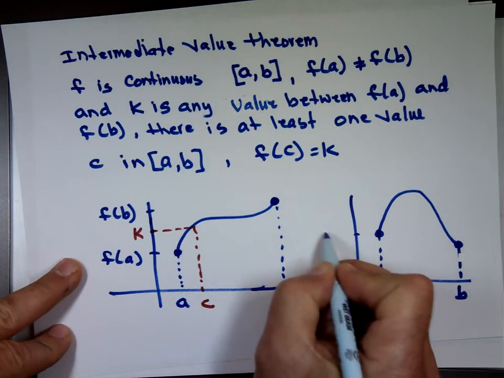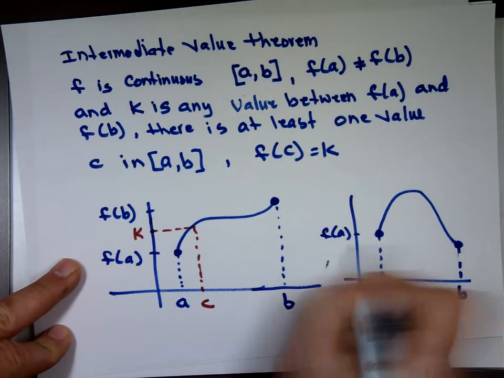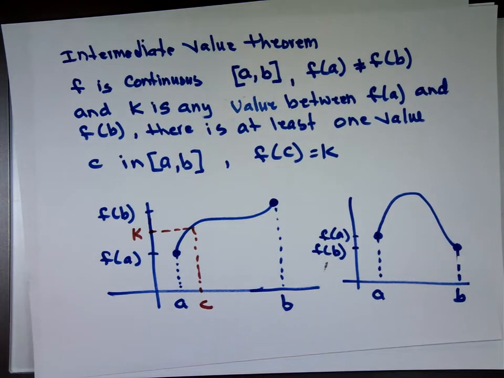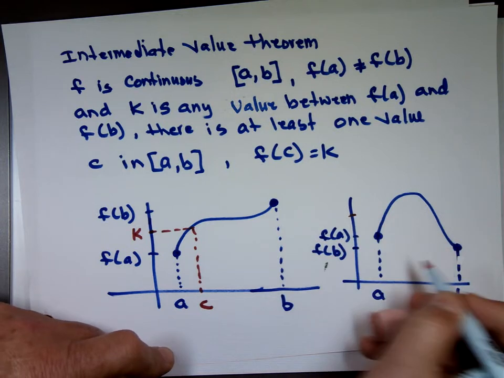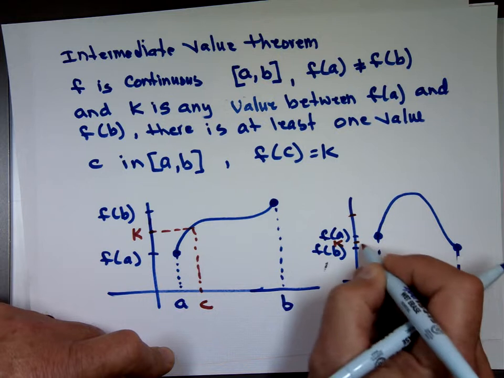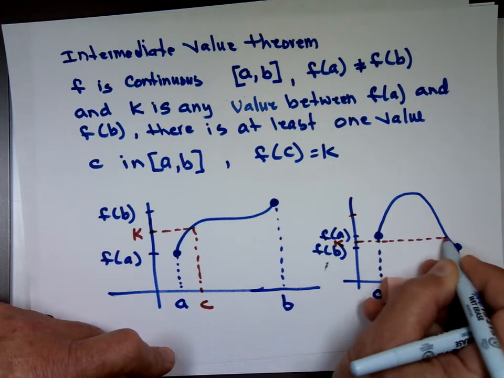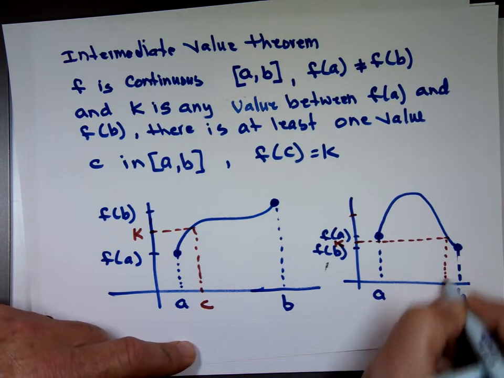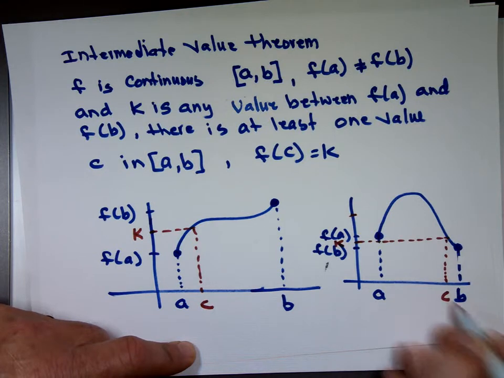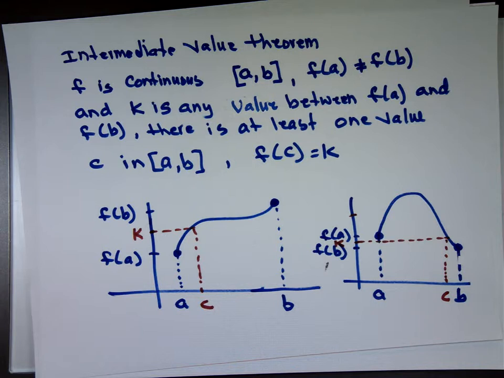This is f of A, and right there somewhere is f of B. I made them a little bit different. There has to be at least one point. If you pick this point here, K between f of A and f of B, there has to be a value right there where the value of the function at C equals K.